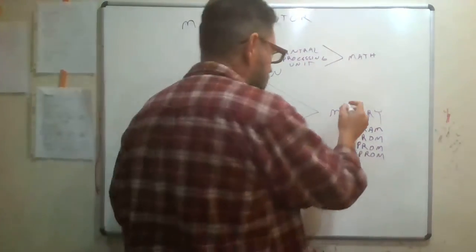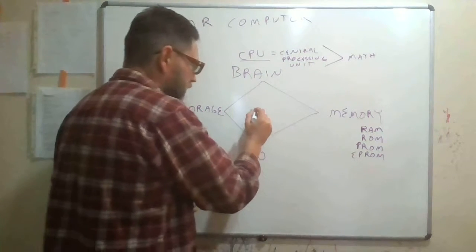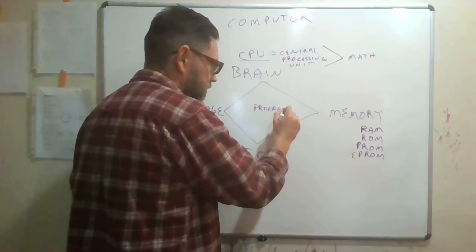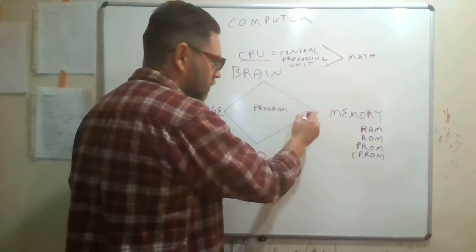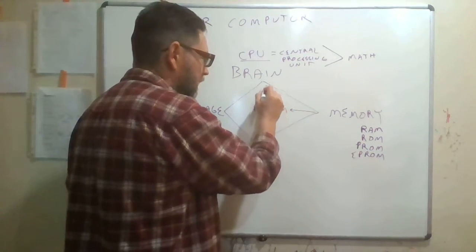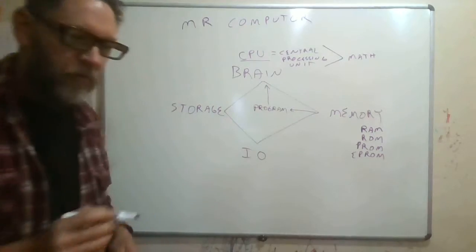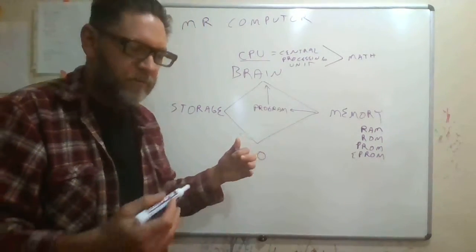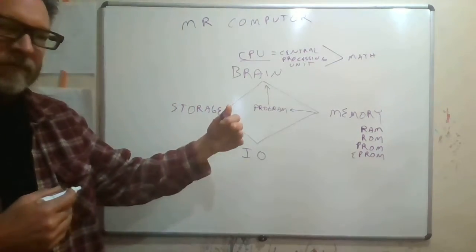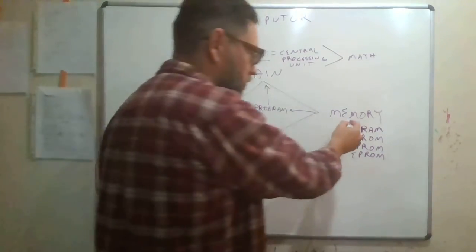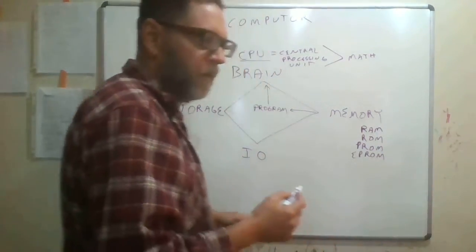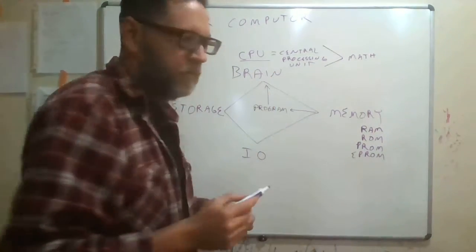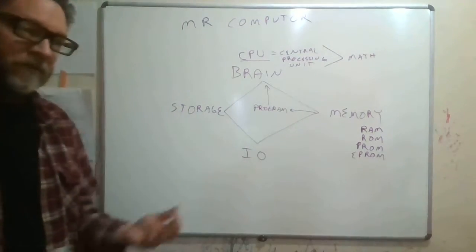What you store in here is a program. The program is stored in memory and handed to the CPU in order to do things. That's where the math lives, inside the program. The program says, do this, this, this, this, this. Those instructions are stored in memory. When you turn the computer on, they get sucked out of memory and sent up to the CPU, and boom, it starts doing things.